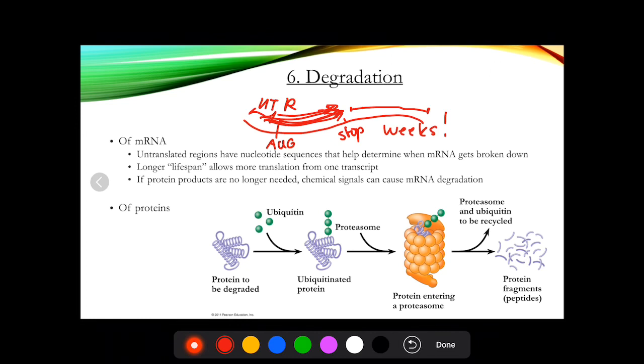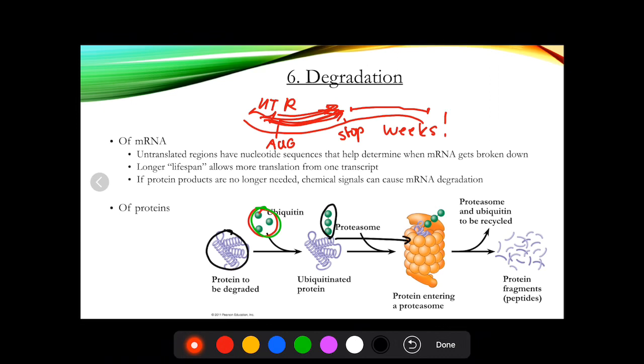This is my favorite. You can actually mark proteins to be destroyed by using this little tag right here. It's called ubiquitin, but the way that I remember this is: if ubiquitin, then you're tagged for destruction. You quit on me, you're out, right? So if this is the protein, we tag it with some ubiquitin. That's acting like a little chemical signal to say, send it to the proteasome.